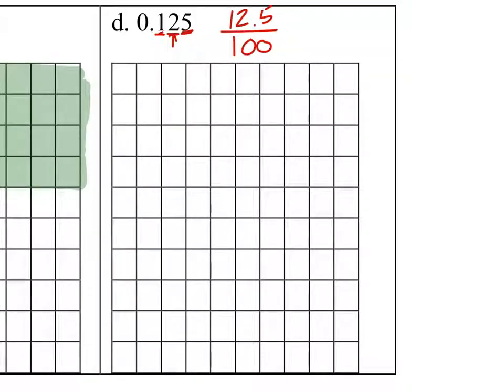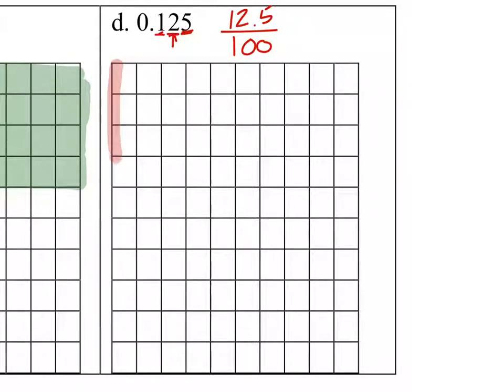Now we could split it up into 10 more parts, giving us 1,000 parts, and then fill out 125. That wouldn't be too bad, but just for the sake of comparing these with percentages, we want to compare these in hundredths, okay? So, for these, I'm going to fill out 12.